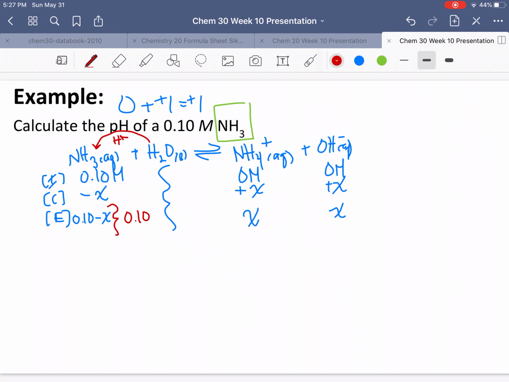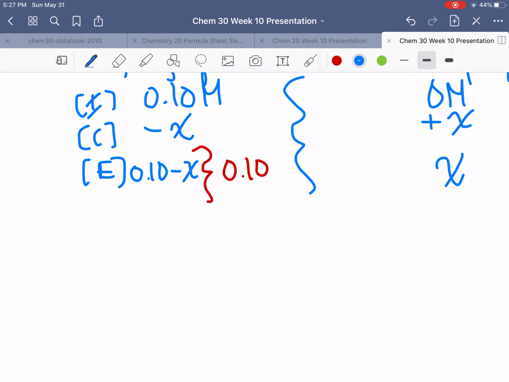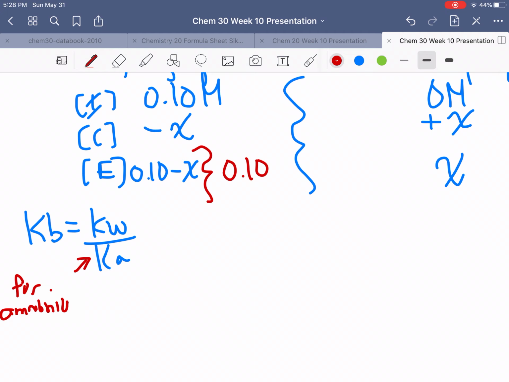Okay, here's the extra step. Before, with acids that were weak, we would just go find the Ka and go for it. This one's different. We don't have a list of Kb, so we need to calculate it. Kb is going to be equal to Kw over Ka. You are going to take the Ka value for ammonium. Not ammonia, but ammonium.